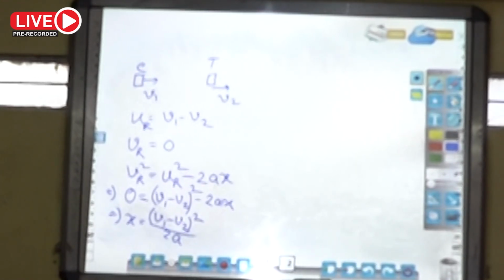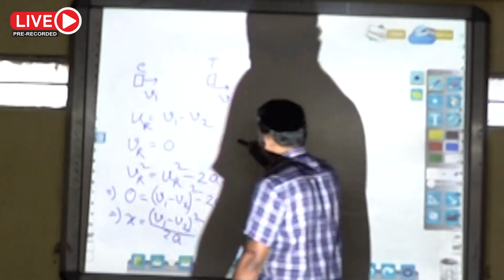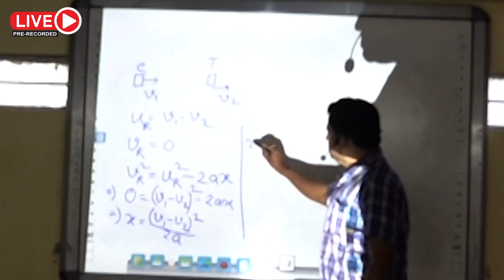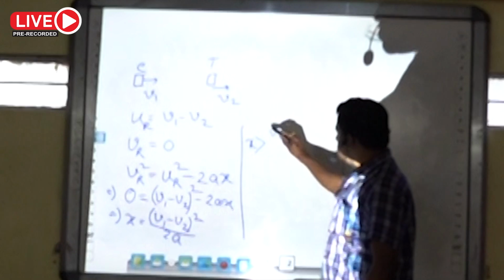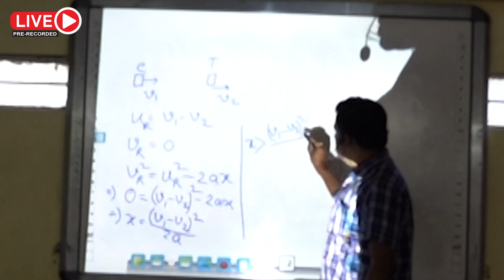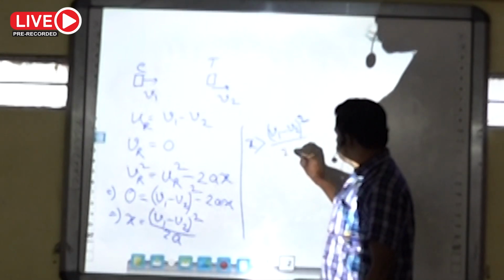When X is equal to this value, it means it will touch. If X is greater than that value, then this will not touch. So that is the condition for avoiding the collision. The condition for avoiding the collision is X should be greater than V1 minus V2 whole square by 2A.